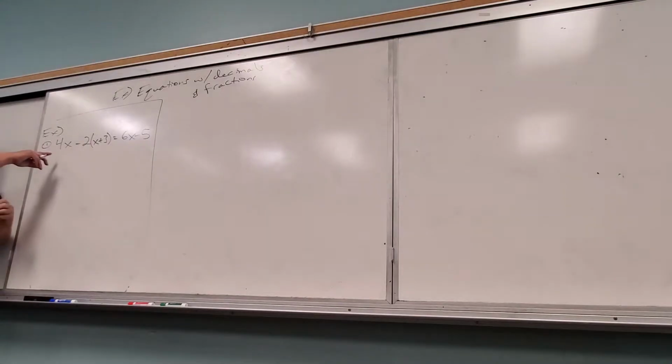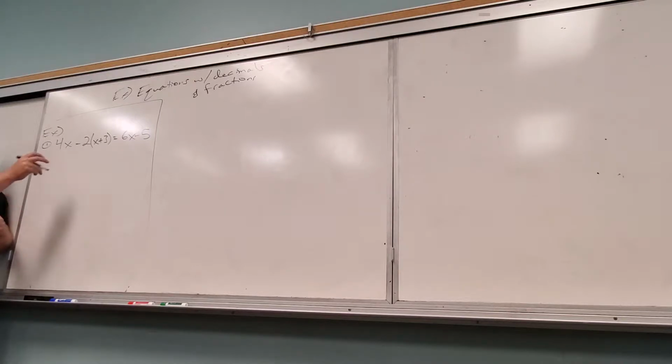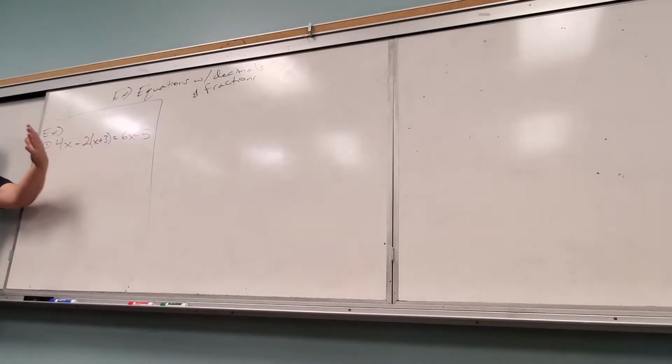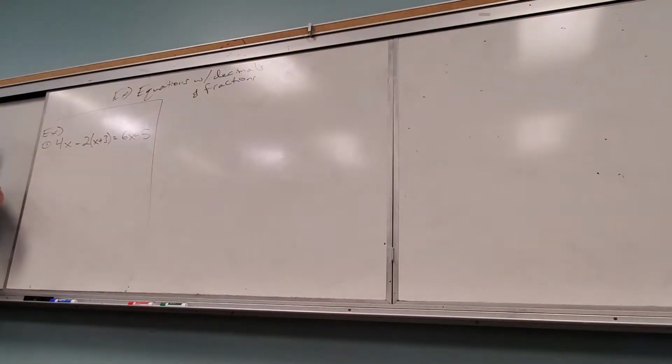What's the first thing I do up here? Yes. So you train yourself to look for parentheses. Because again, what's the idea behind that? What are you trying to do? Trying to combine like terms. Eventually I want to combine like terms, but if any of the terms are stuck, I've got to free them up.